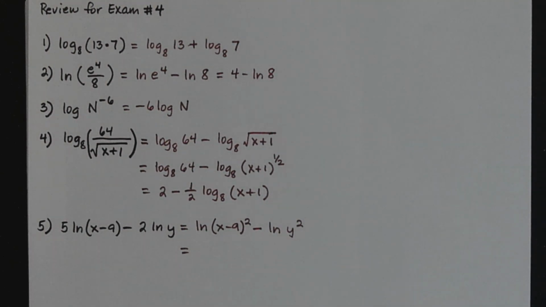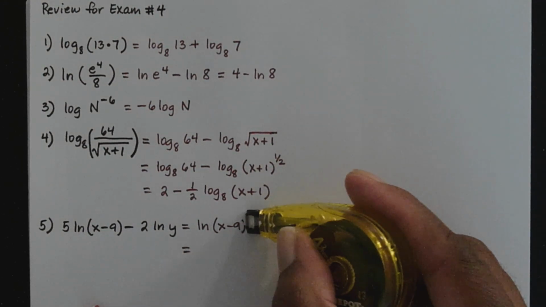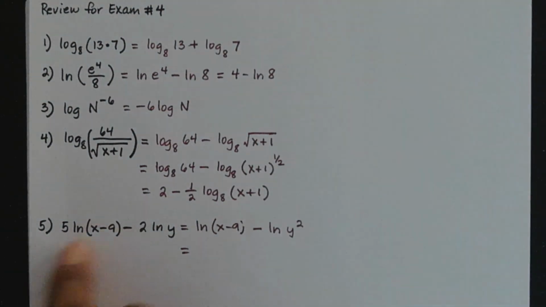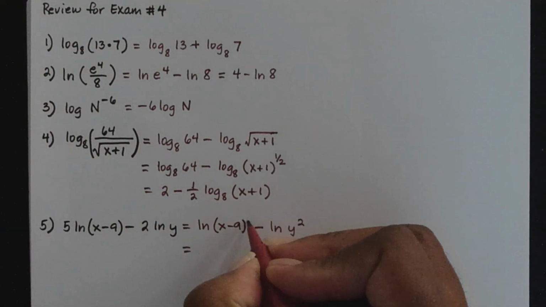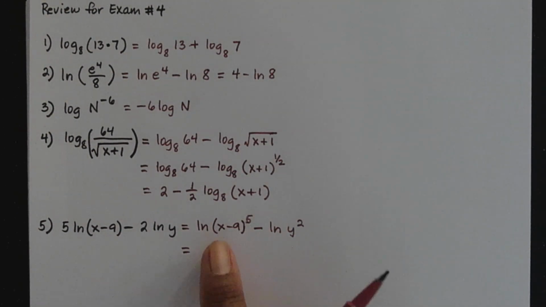Okay, so my coefficients for my natural logarithms are 1, and I got a minus sign in between, so what rule can be used here? Okay, because that 5 would be the exponent for the x minus 9. All right, so what rule can be used here? Has to be the quotient rule, because I have the difference of the natural logarithms.